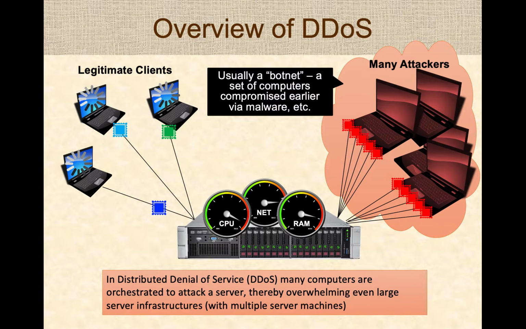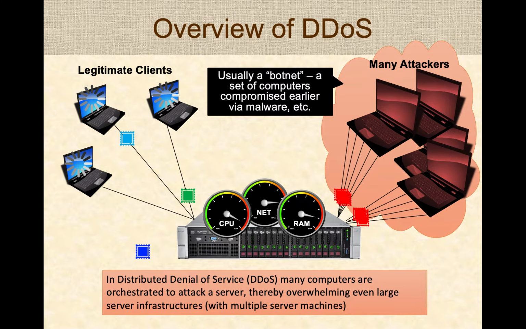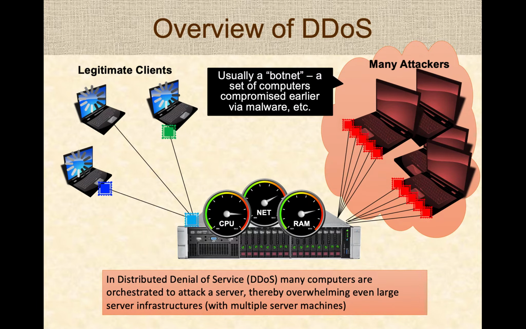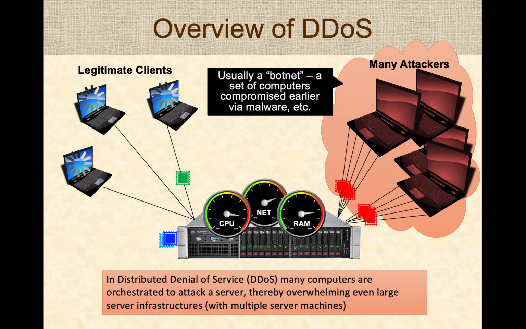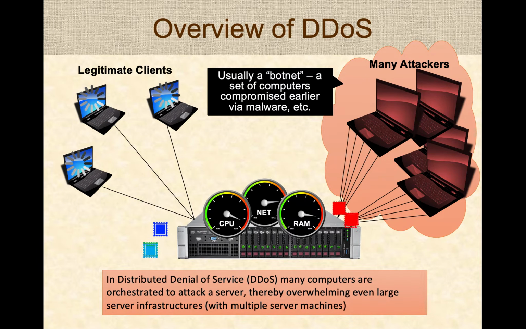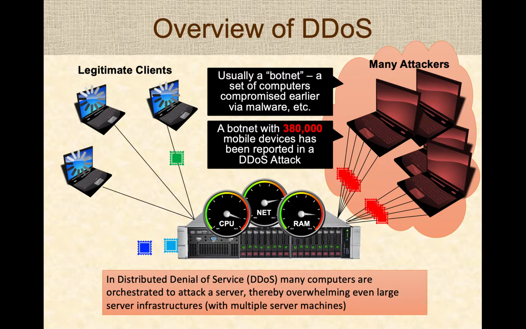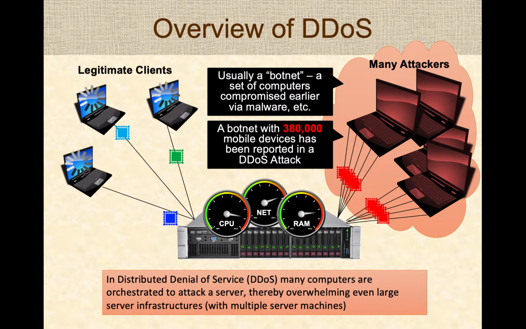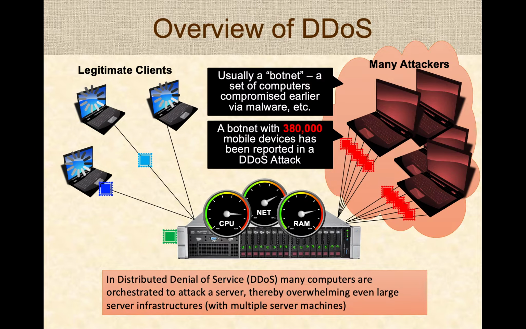These many attackers are typically called a botnet, and a botnet is nothing but a set of computers that have been previously compromised via malware or similar means to do these kinds of DDoS attacks. So the botnet is built that way, and then they launch a distributed denial of service. There have been cases where a botnet with more than 380,000 mobile devices has been used to launch a DDoS attack. So some of these DDoS attacks can be pretty massive across the internet on an organization.